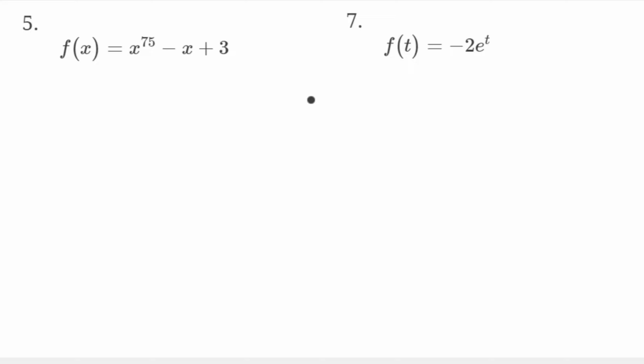All right. So what's this one? What's 5? And that's it. The 3 disappears, and the x goes to 1.